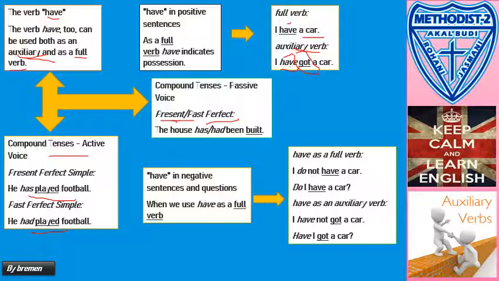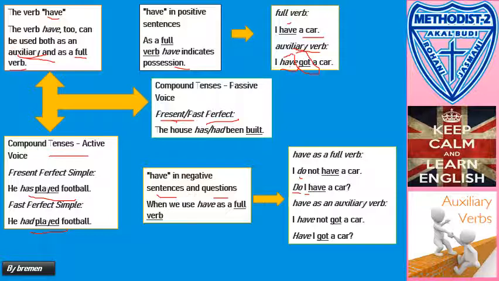What about "have" in negatives, sentences and questions? We can make them with "have" as a full verb. I have a house. When I say "I have a house", "have" is possession, isn't it? Yes. But to make it negative, you need something like "do not have a car". "Do I have a car?" Why?